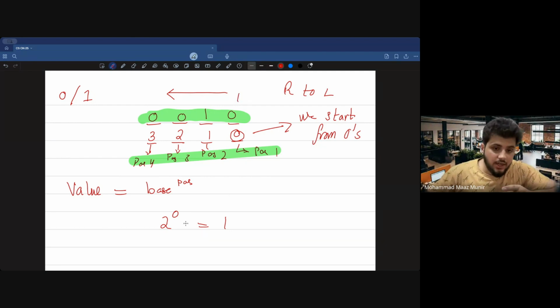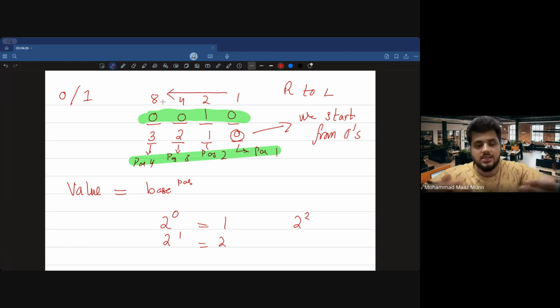Then for the second one, it's 2 raised to power 1, which is 2. Then 2 raised to power 2 for the third one, which is 4. And finally, it's 8. So you can learn the shortcut: 1, 2, 4, 8. And later on, it's just doubling: 1, 2, 4, 8, 16, 32, 64.